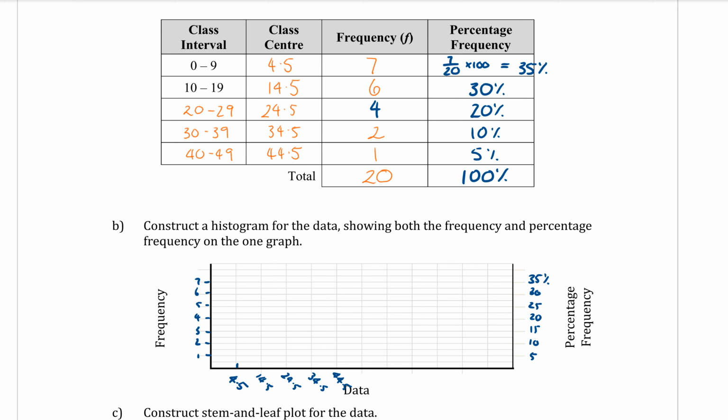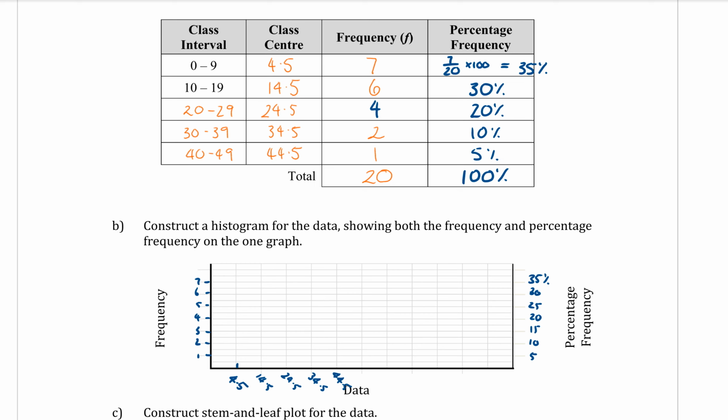Now to finally draw our column graph, our histogram. My class center of 4.5 has a frequency of 7. To draw the column, you start halfway to the 4.5, so it's got to be on either side. The 4.5 has to be right in the center of the column.